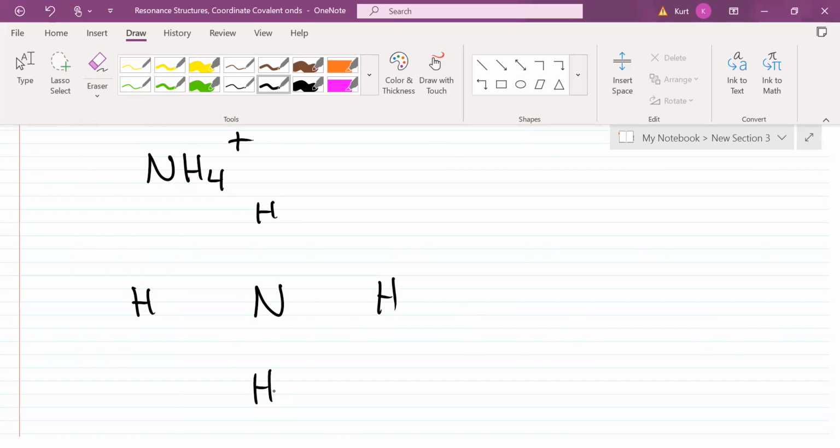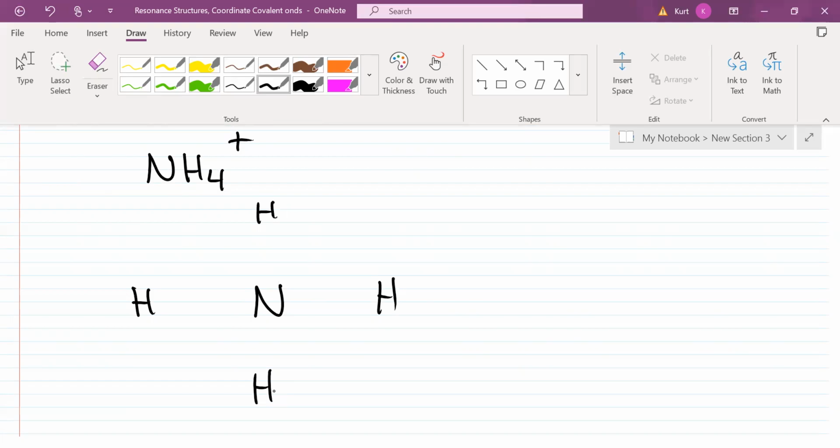How many valence electrons does nitrogen have? 5. So I gave you the geometry there. Let's see if you can put it together. Keep in mind that 1 electron will be missing. Does that mean there should be 7? One of the hydrogens will have none. So there will be a coordinate bond.